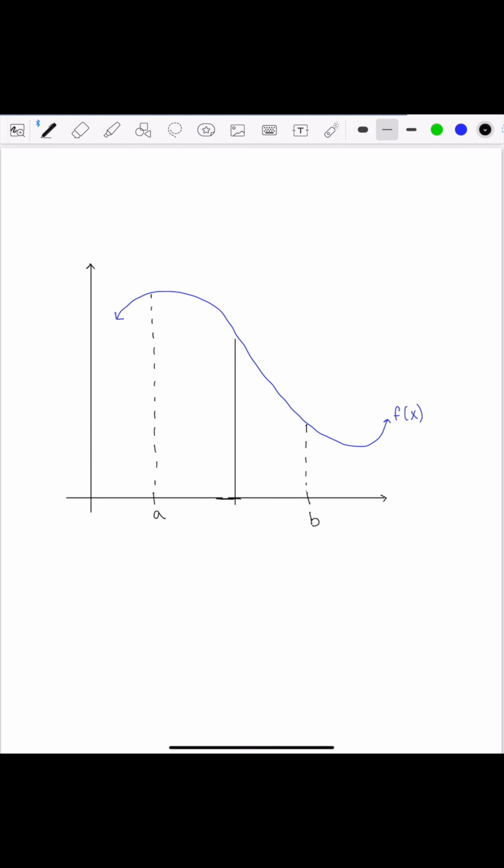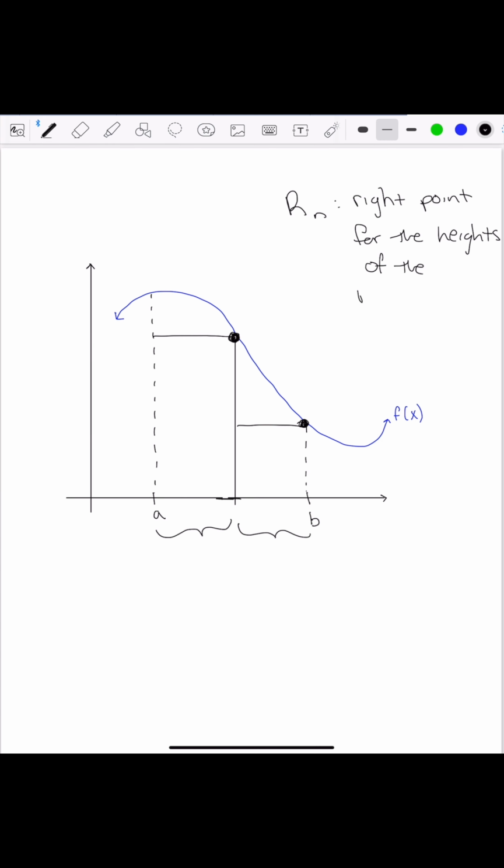Now I'm going to use the right endpoint of each subinterval. Right here I have two subintervals, or two rectangles, and now I'm using the right endpoint. The notation for this would be Rn. I forgot to mention what the n stands for. R stands for using the right point for the height of the rectangles, and n is the number of rectangles you're using.